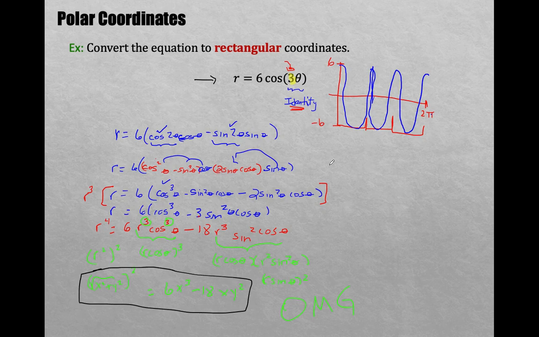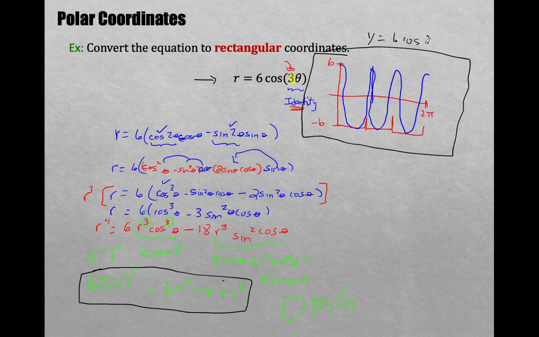Now, again, don't think that this is this equation. They are not the same thing, because I was just graphing y is equal to 6 cosine 3 theta. That is not really the rectangular, right? I was just picturing in my head what this is saying to do. This green equation is the rectangular form of this equation. So the thing is, we haven't really looked at the graph of this yet.